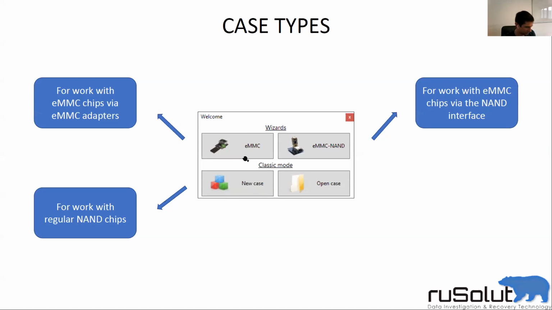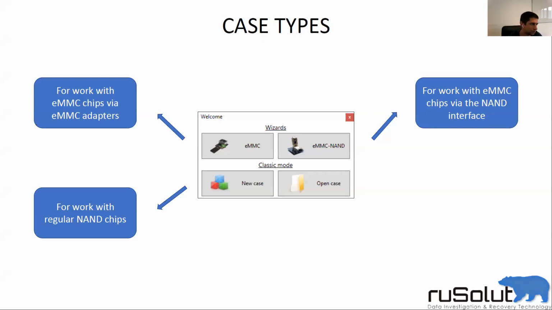What is that? Because sometimes we get questions, what is eMMC, what is eMMC NAND, and so on. So eMMC mode, it's the mode for work with eMMC chips via eMMC adapters. We have eMMC adapters for working with live eMMC chips, and that mode is made for working with those adapters. eMMC NAND, it's again for work with eMMC chips, but with damaged eMMC chips.